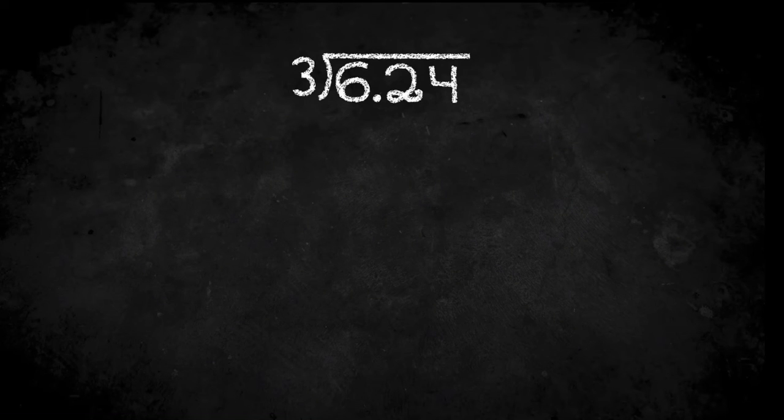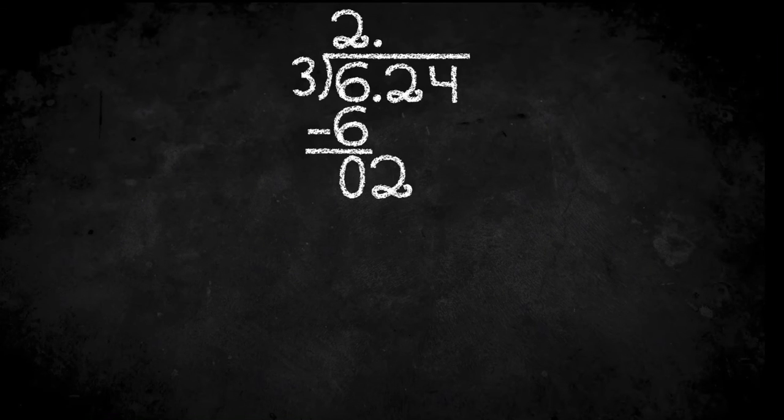So now let's solve this problem. But before we get into solving, let's make sure you put the decimal at the top. Right? So 3 goes into 6 2 times. That would be 6, and we carry the 2. And we subtract. Right? So that equals 0. Then we bring down the 2. 3 goes into 2 0 times, so that would be 0 and 0.